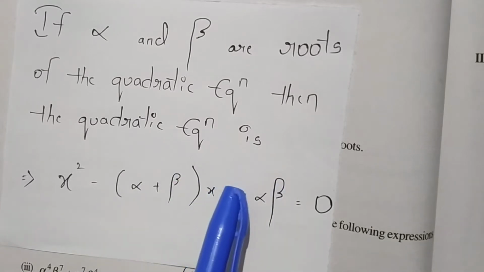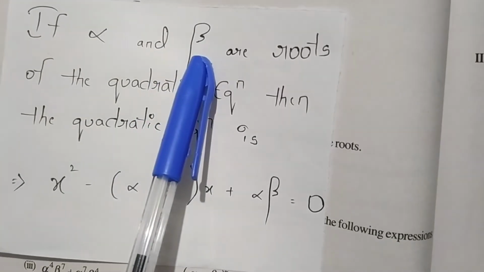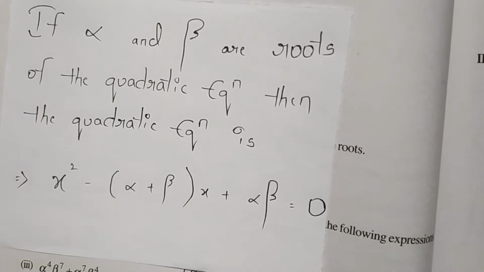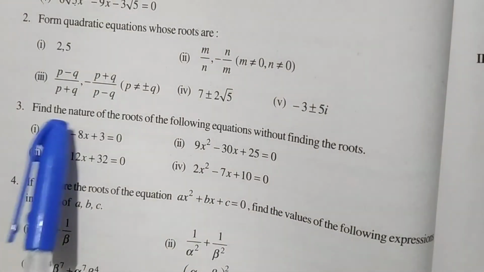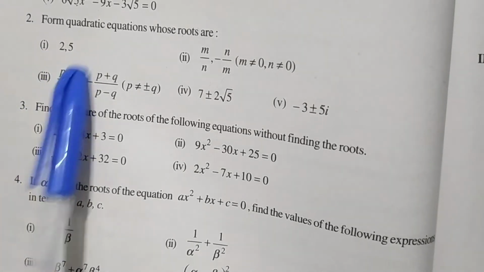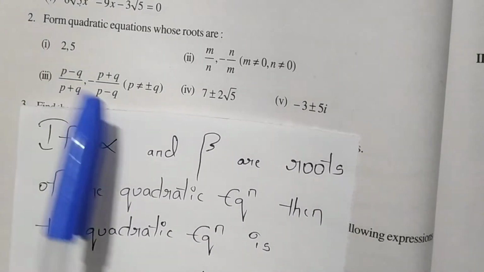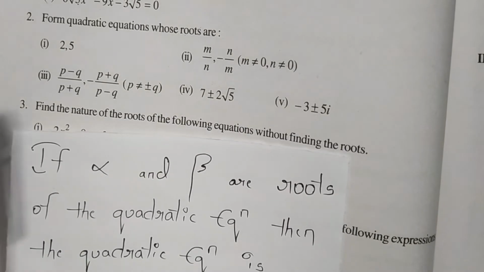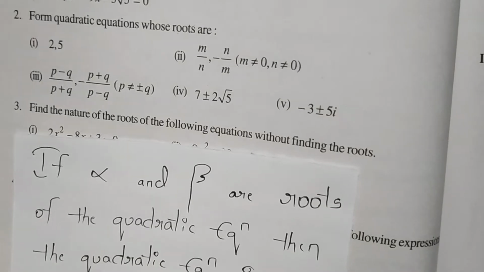So we substitute the values of alpha and beta, which are the roots, and we will get the corresponding quadratic equation. In the first problem, the roots are 2, 5, so alpha is 2 and beta is 5. Let us solve these 5 questions and we will get the corresponding 5 quadratic equations.